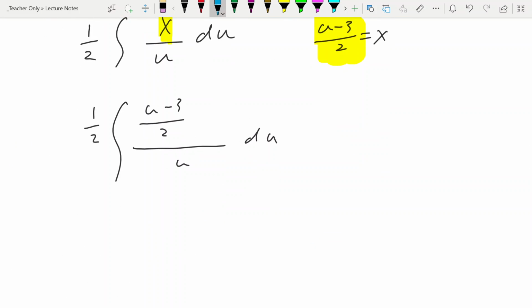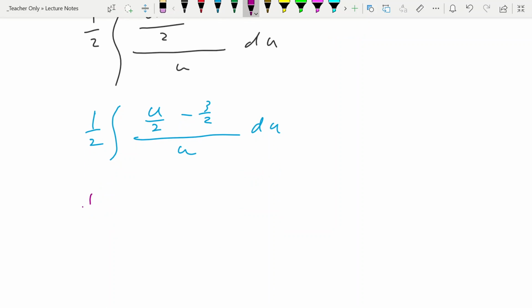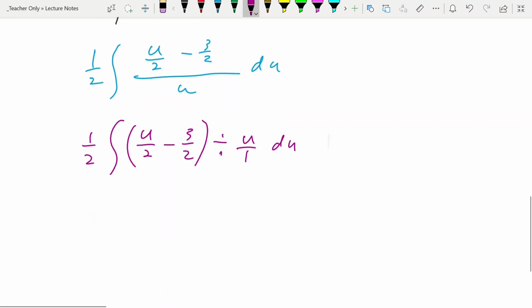So we're going to do a little bit of algebra to simplify this. We make this u over 2 minus 3 over 2, all over u, du. I'm going to do it a little slow for a calculus student, just because you're not with me live. I'm going to write it like this: that divided by u over 1 du.